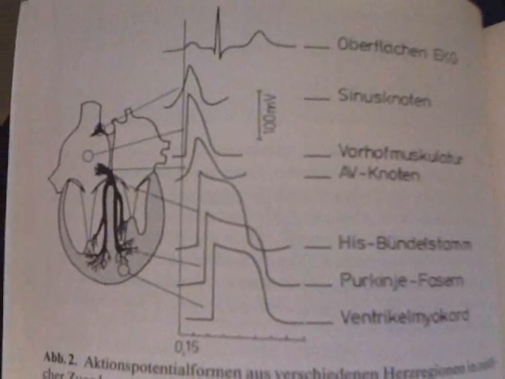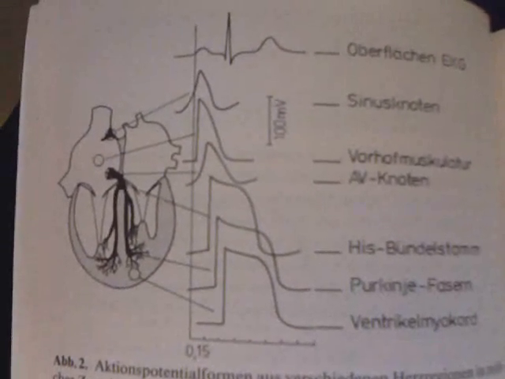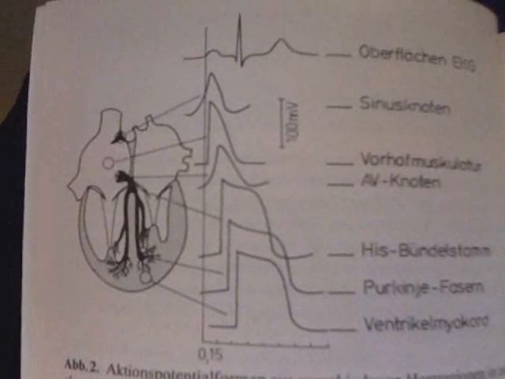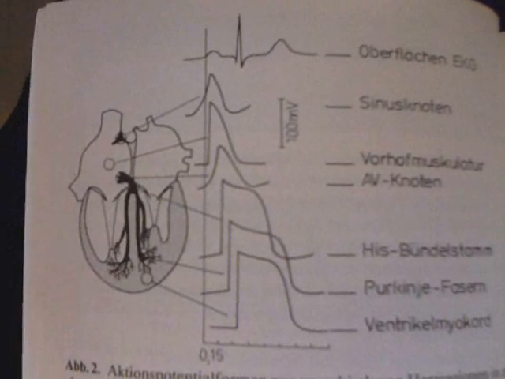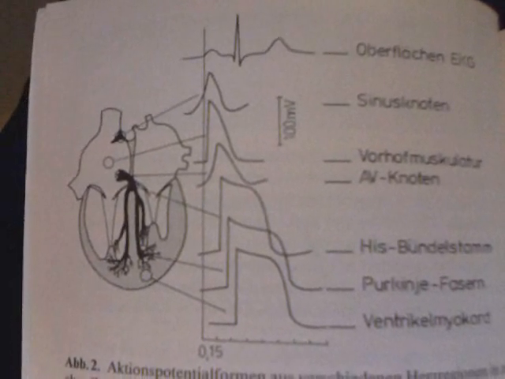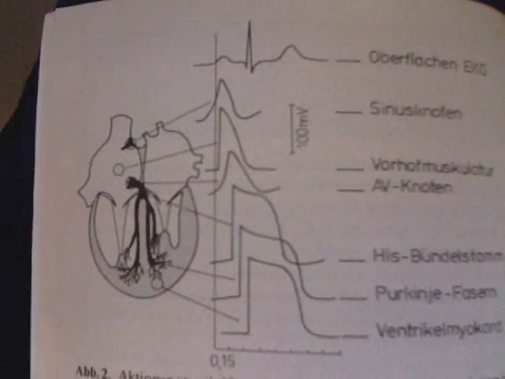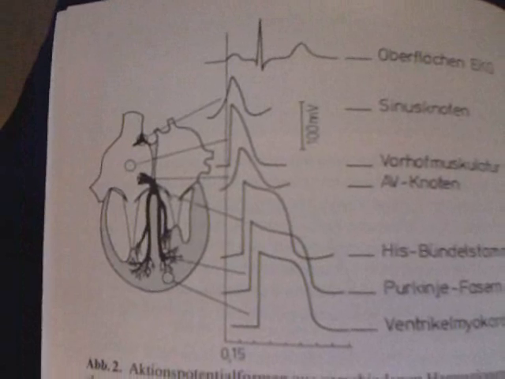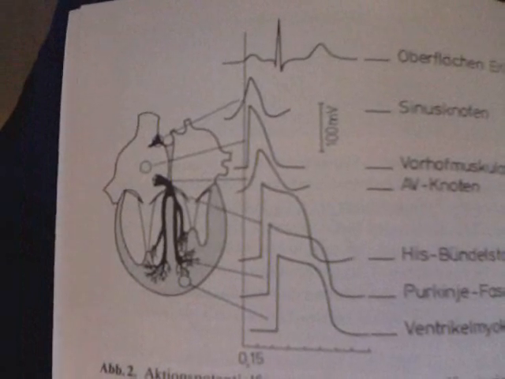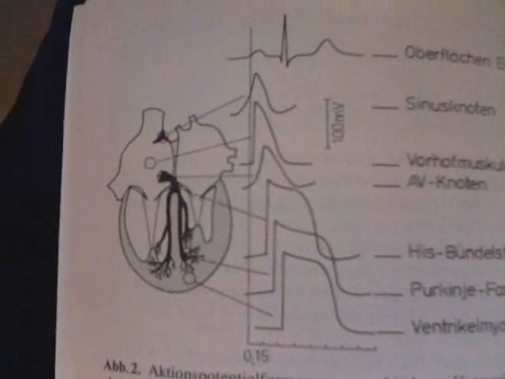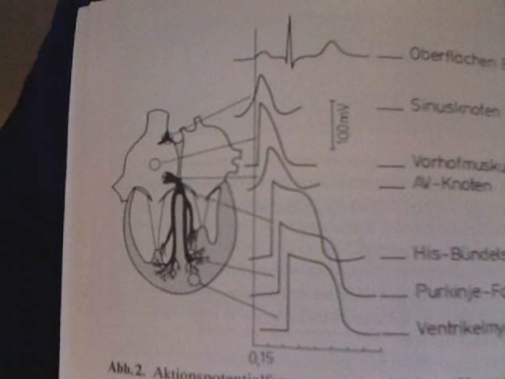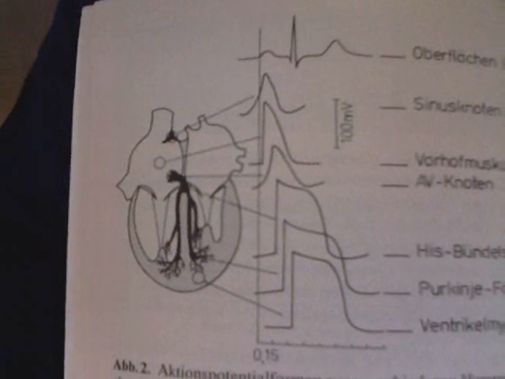So, as I mentioned early on in the overview, we go from the bundle of His down to the fibers, or the branches as they're called, and these play an essential electrical pathway for both the right ventricle and the left ventricle.